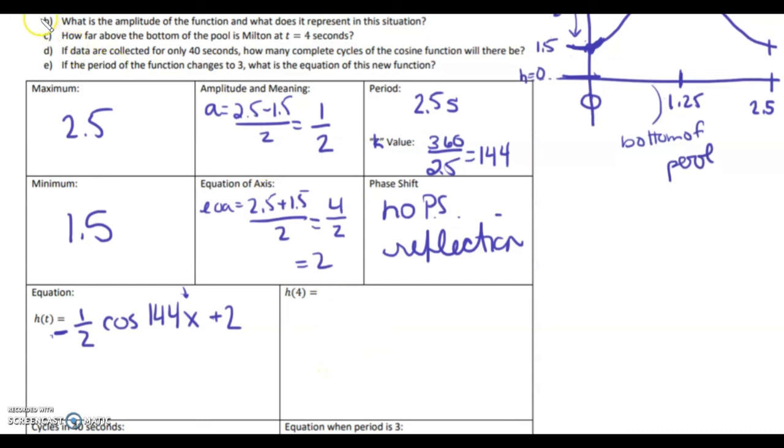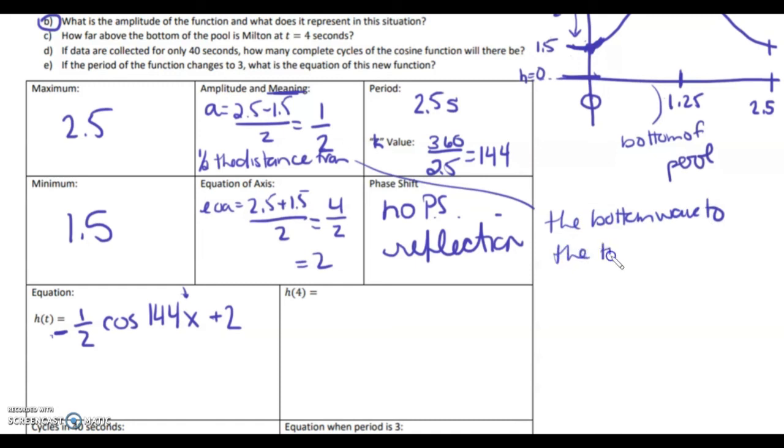Okay, I'm going to comment on B here. What is the amplitude of the function, which is up here, and the meaning? Okay, so in regards to the meaning, this is half the distance from the bottom wave to the top wave.